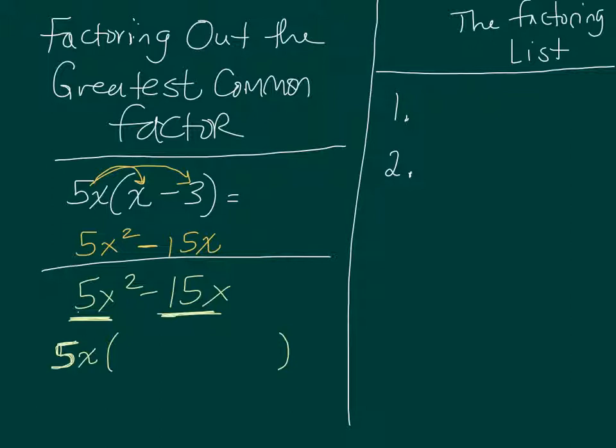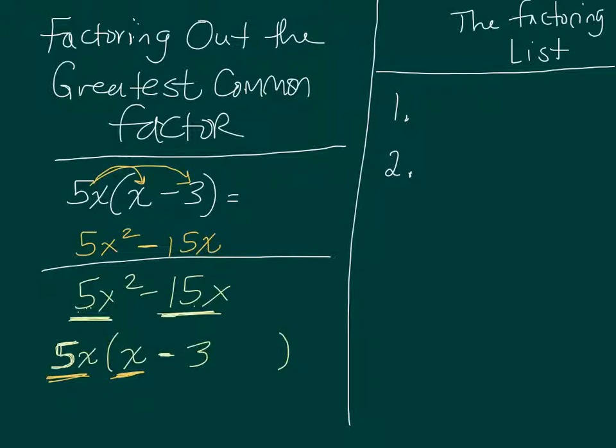Now in parentheses I'm going to list what is left after I divide each of these terms by 5x. So 5 divided by 5 is 1, and x squared divided by x is x. Now you can always check by multiplying. 5x times x is 5x squared, so that looks good. All right, 15 divided by 5 is 3, and I'm going to have the minus here.